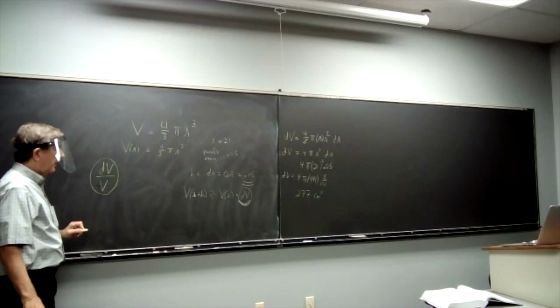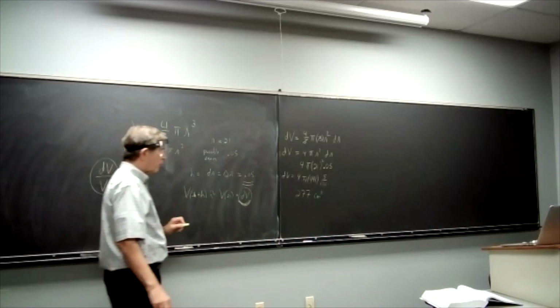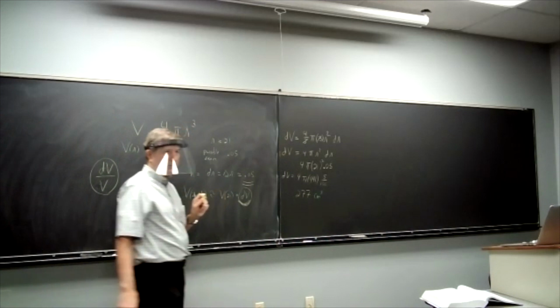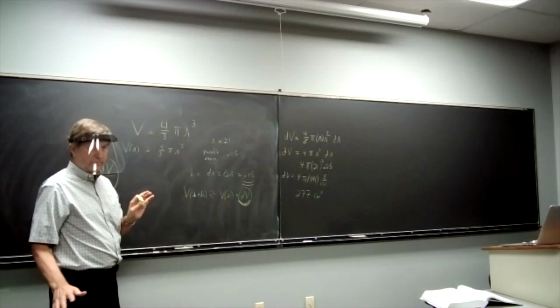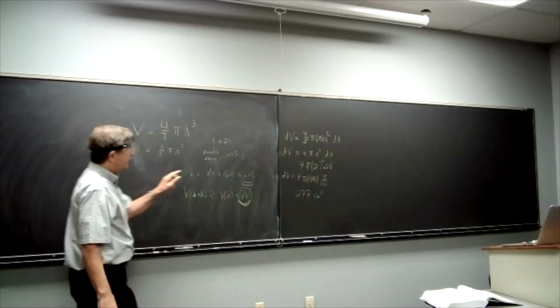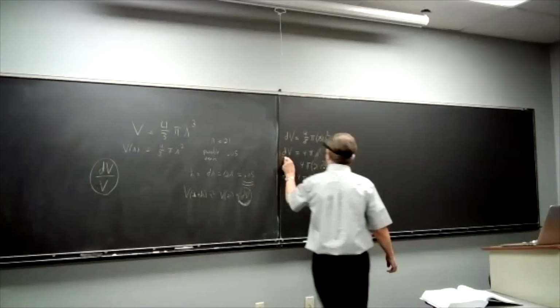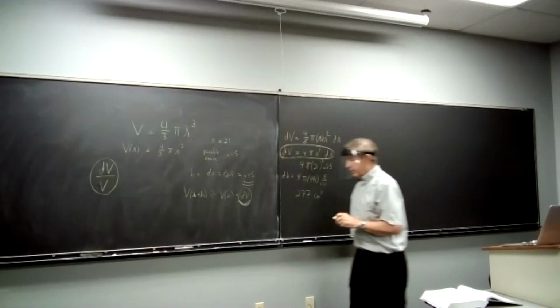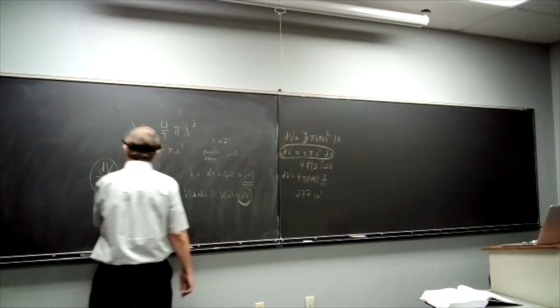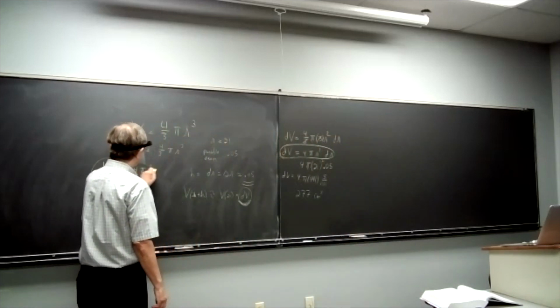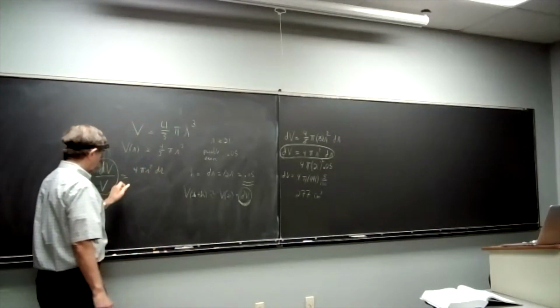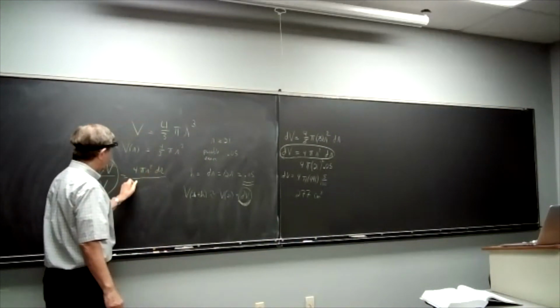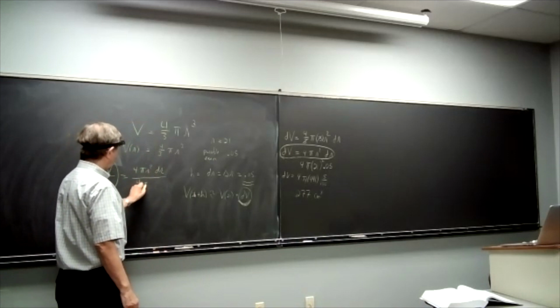What we do sometimes is do it in general. Namely, the dV I wrote here is 4 pi r squared dr. What if I put that here as 4 pi r squared dr, and divide by V, which is 4/3 pi r cubed.